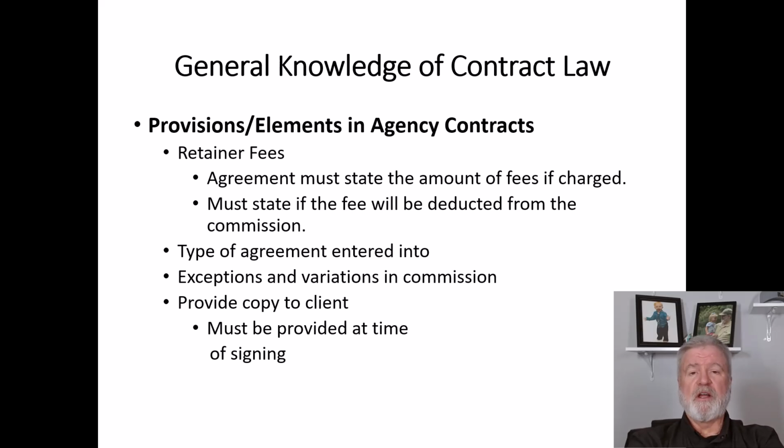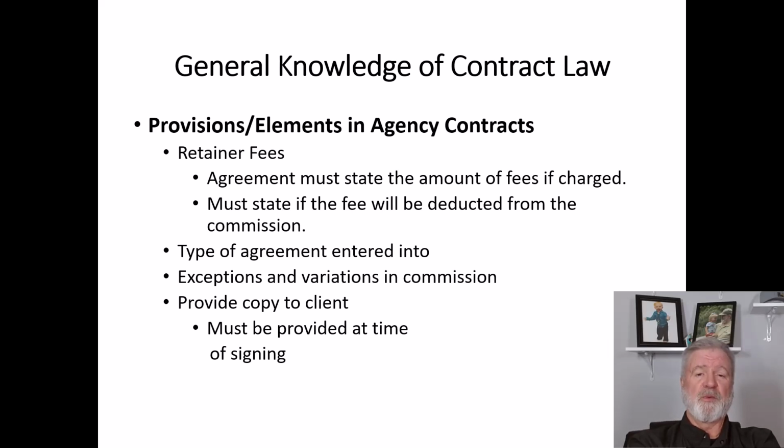You might have an option for an answer that says at the time the client signs the contract, which sounds reasonable, doesn't it? Whenever they sign it, then you need to give them a copy of it. But in reality, that's not very practical, because typically if I'm sitting down with the seller, and chances are, guess where I am?